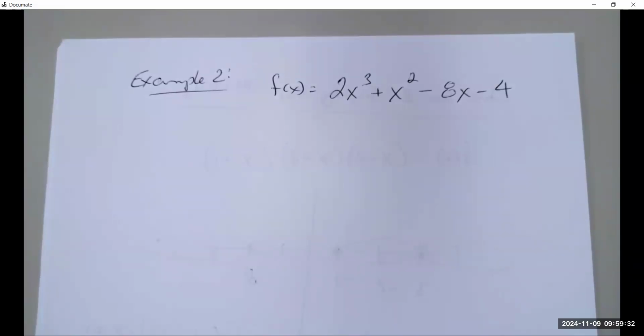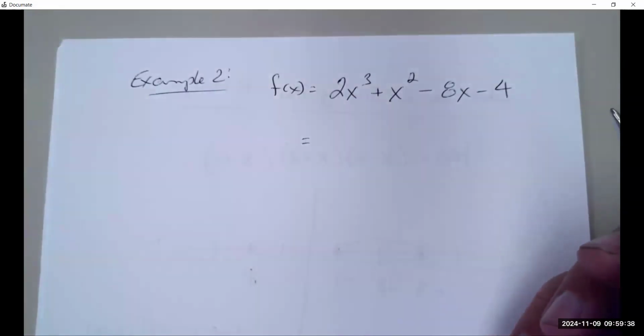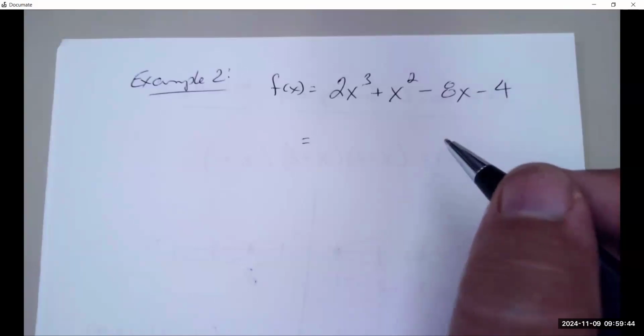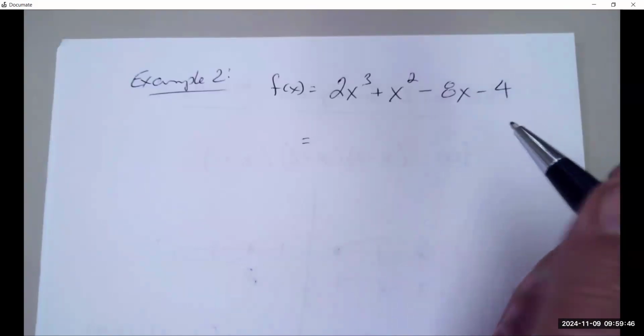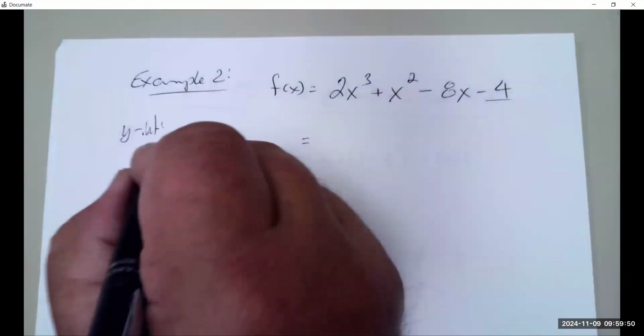What's your first step? If you set x equals 0, what's that going to find? The y-intercept. The y-intercept is always the constant.